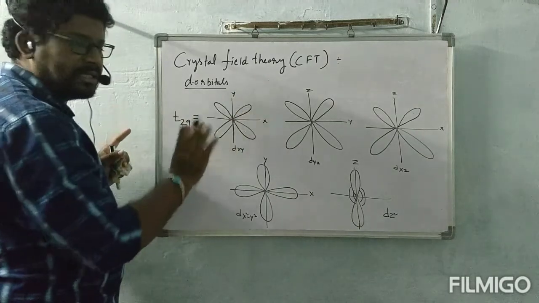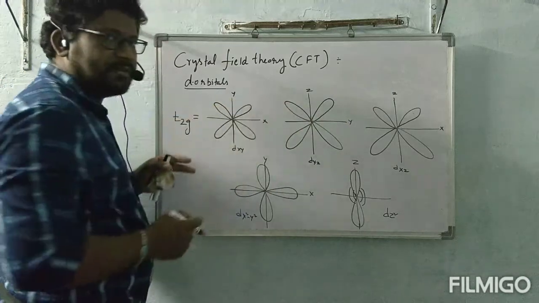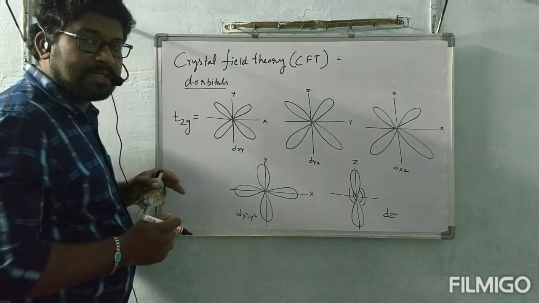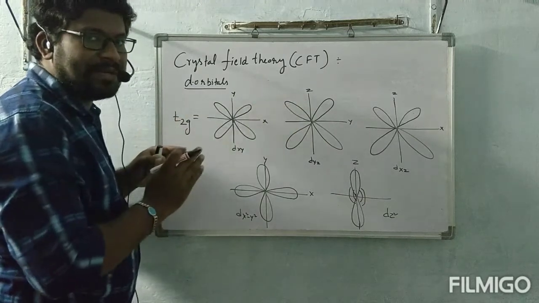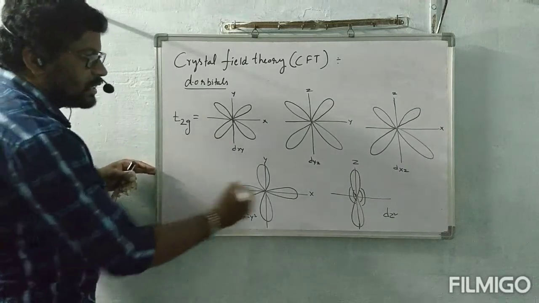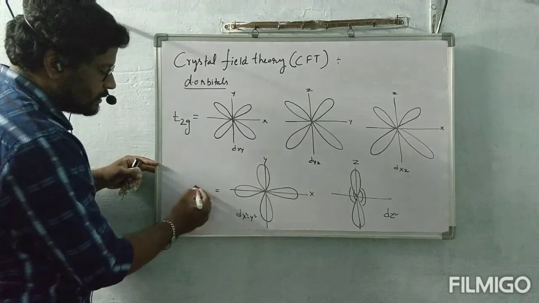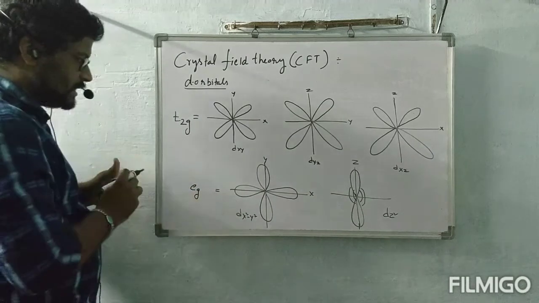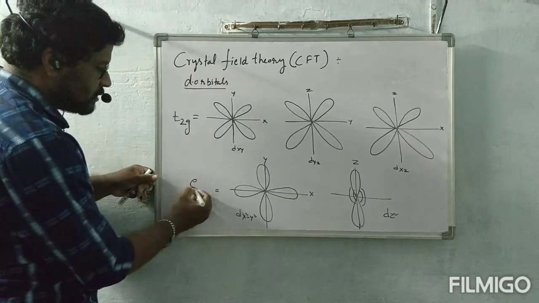One set contains 3 d orbitals which are identical, meaning lobes are present in between the axis. Those 3 they selected and kept under the name T2G. Next, these 2 orbitals are one set which is called EG. This is small t, now this is small e.